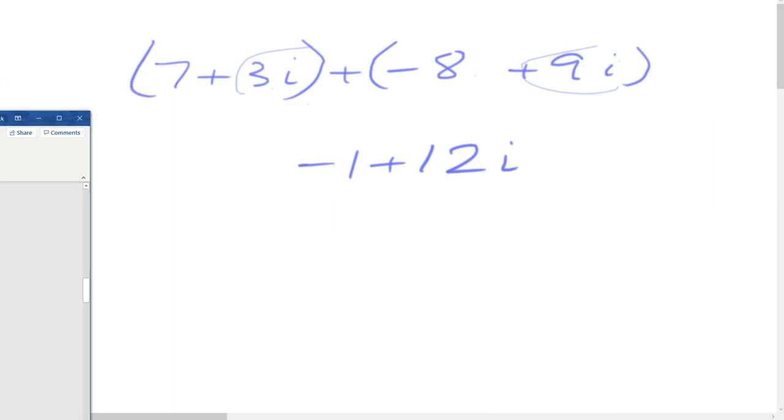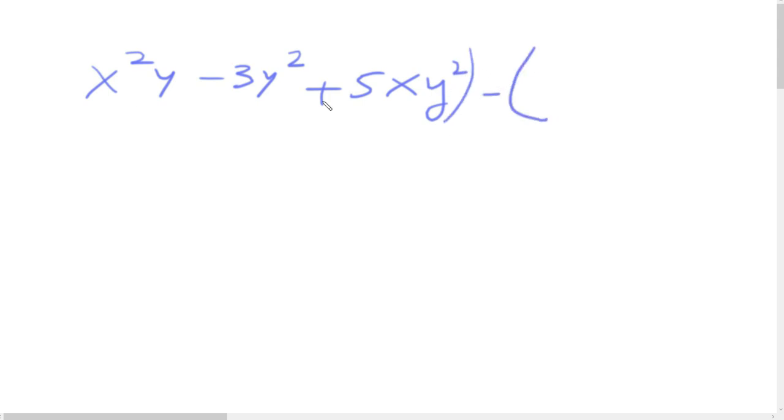I will show you right now. You have x squared y minus 3y squared plus 5xy squared, minus the parentheses: negative x squared y plus 3xy squared minus 3y squared.